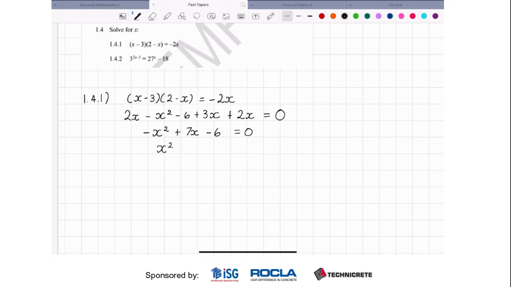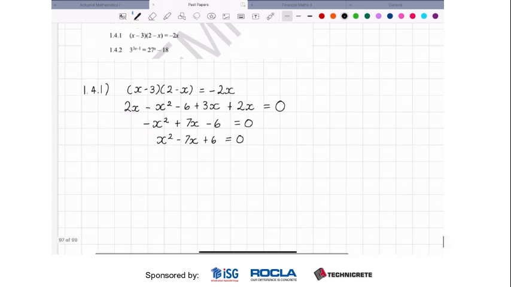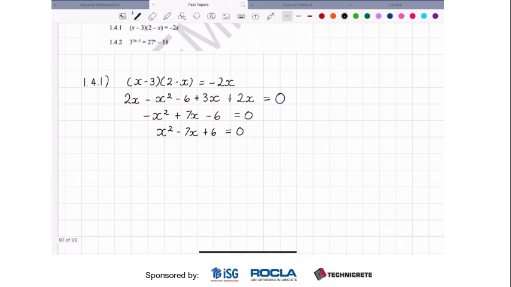So I'll have positive x squared, negative 7x, positive 6, and 0 times minus 1 is still 0. Then I'm going to factorize the left-hand side, so I'll have two brackets. And when I factorize, I get x minus 6 and x minus 1 is equal to 0.